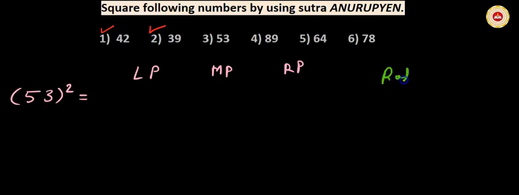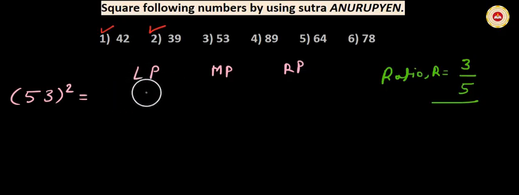Ratio R is digit at units place 3 upon digit at tens place 5. Ratio is 3 by 5 and we will use this ratio in the calculation of the square of the given number 53.